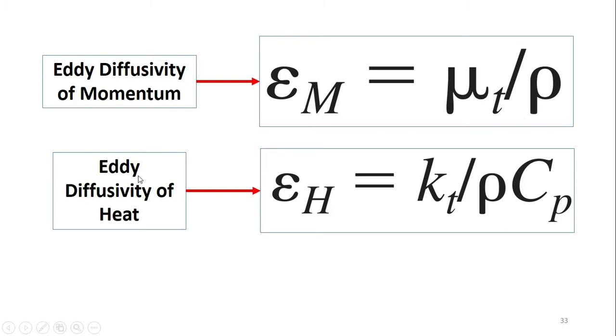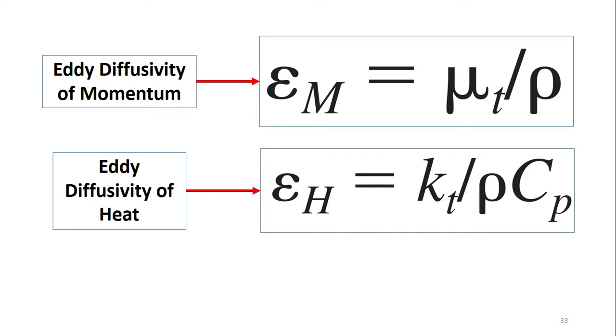And similarly, the eddy diffusivity of heat can be expressed by the thermal conductivity k_t in the turbulent region divided by the density and the heat capacity. So the eddy motion and the eddy diffusivities are much larger than the molecular counterparts in the core region of the turbulent boundary layer.